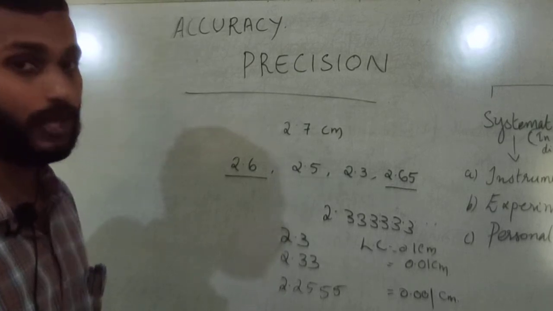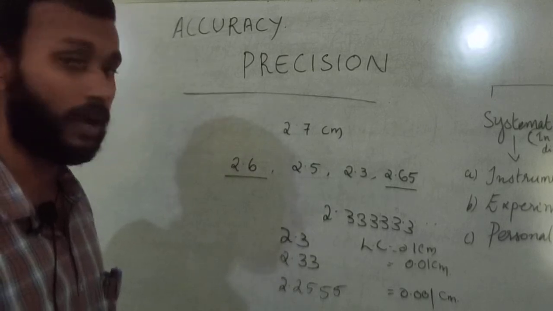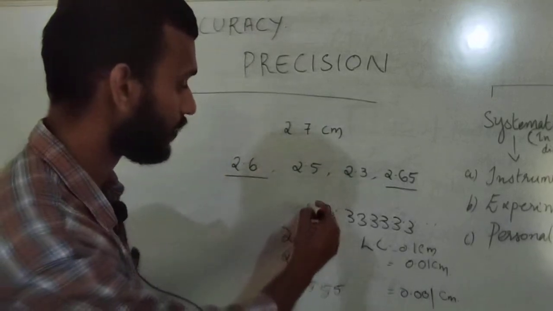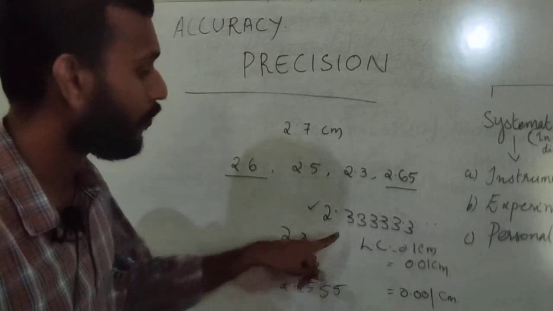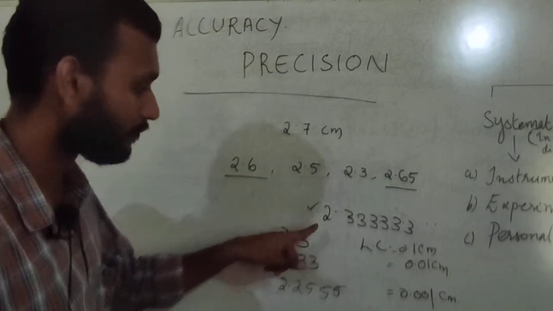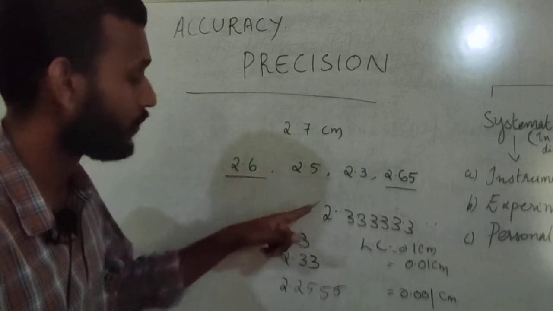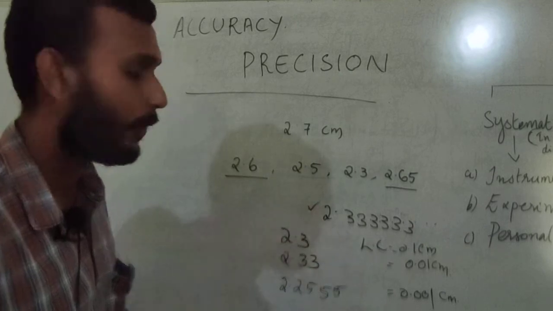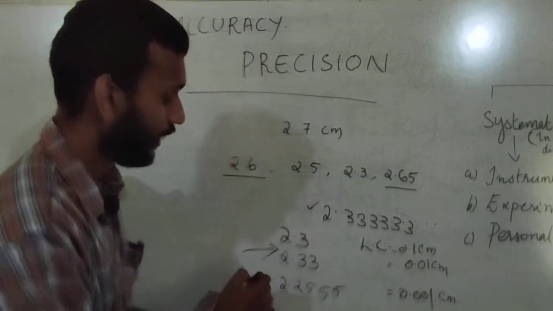Here the accurate value is the one closer to the true value. Our true value is this one. Hence the measurement 2.33 will be closer to the true value 2.3333. So this will be the accurate value.